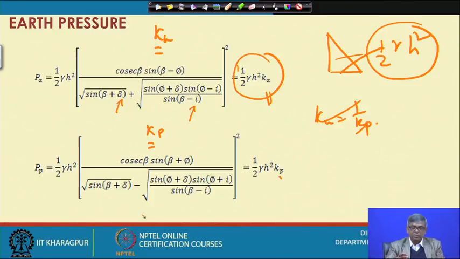Coulomb's theory, though the expression is lengthy, is more practical, since all possible difficulties we experience in the field are considered. Friction between the backfill and the wall surface is considered, the backfill can be inclined, and the wall face can be inclined. These three additional things are considered here.